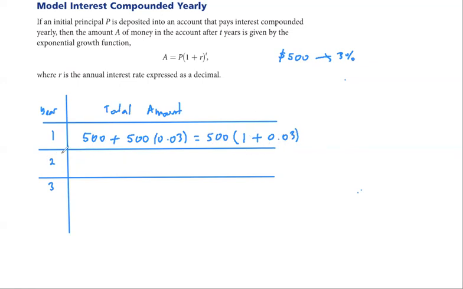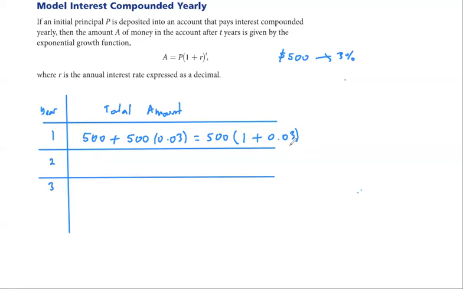But now, if we want to find the amount of money that we will be getting after 2 years, if we want to just get all the money from the bank, you will see this is the amount of money we had after the first year. So you are going to get 3% of this number. But just remember, when we say 3% more, we just had the original amount plus we added 3%. And adding these two numbers was the same as writing 500 as a factor.